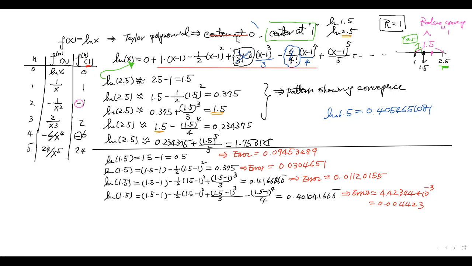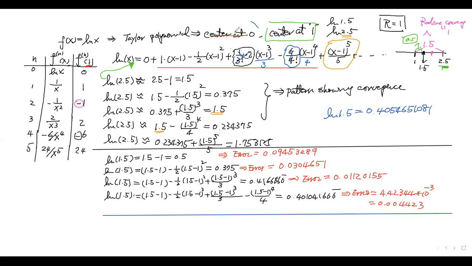Okay, so now we say, what is the upper bound here? All right, so let's figure out what the upper bound is. So remember, we use the first 4 non-zero terms, so the fifth one will be the bound here, right?